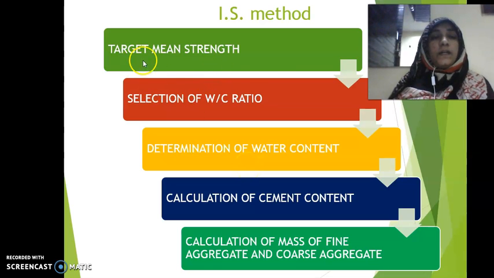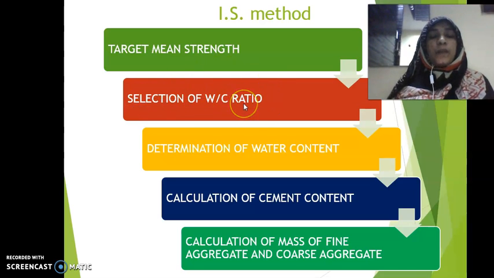First step, target mean strength. What is target mean strength? Target mean strength means what strength we want to achieve. Then next step in IS method is selection of water cement ratio. This is a very important step. After the selection of water cement ratio, we have to determine the water content.